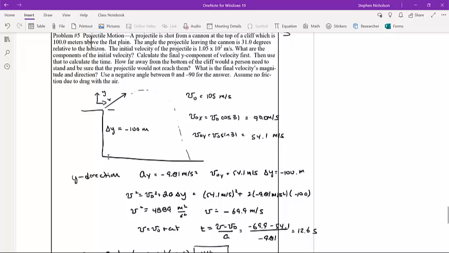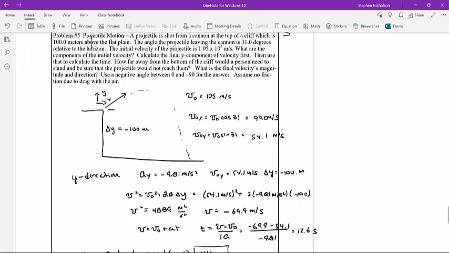Delta y is negative because I'm going from here down to there, so it's negative 100. So I've got three givens. I can use equation 4 to solve for the velocity. Notice I've got negative acceleration, negative delta y. I get plus or minus 69.9 meters per second, but it's falling down to the ground, so it's negative.